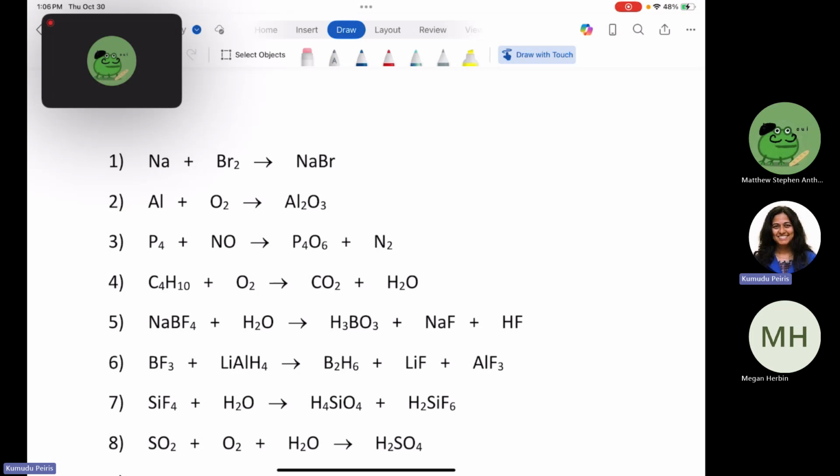So let's focus on the techniques and the other stuff regarding balancing chemical equations.